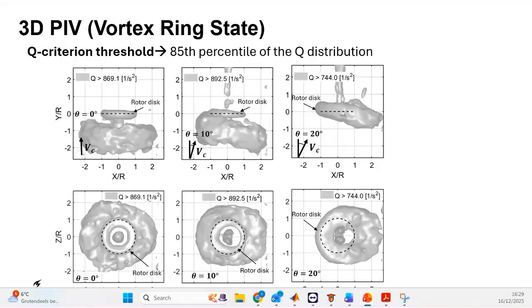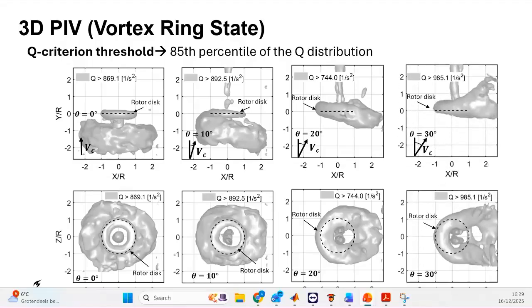And here for 20 degrees, we have the rotor disc here, and we can also see the deformation of the vortex, the asymmetry relative to the previous one, and also how the entire vortex is around the propeller itself. Which means that for this case, we are totally in vortex ring state. Here we are not in vortex ring state.